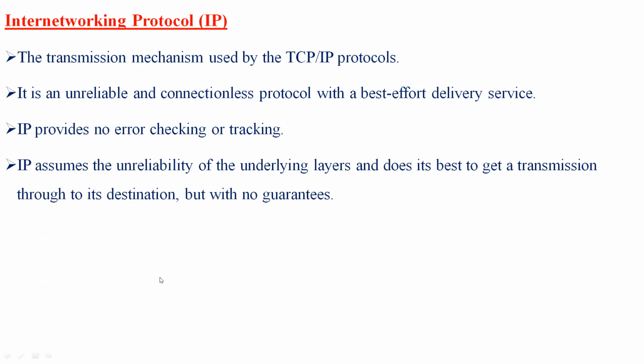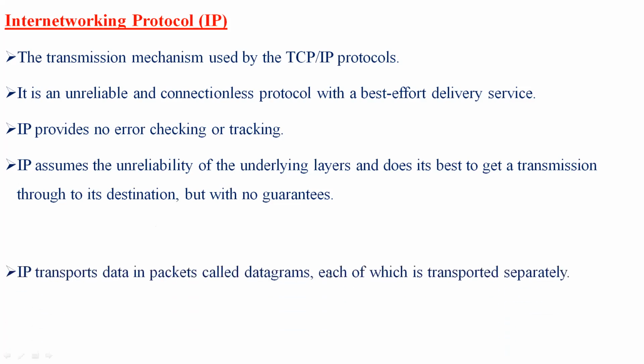Whenever we need to get a transmission from the source to its destination, it needs the underlying lower level layers, but with no specific guarantees. So it assumes the unreliability of lower layers.